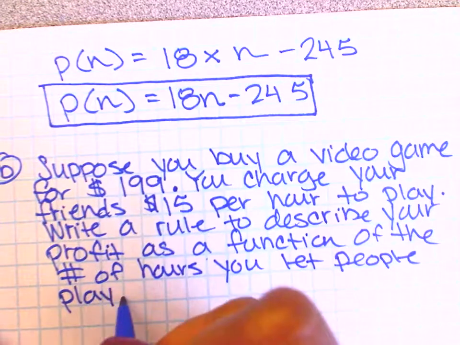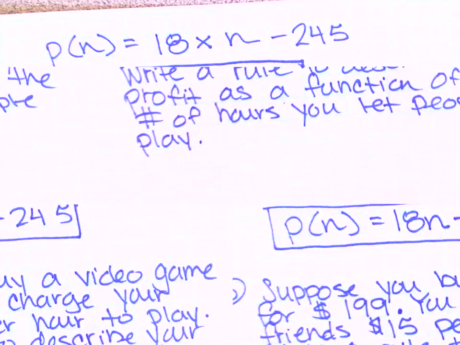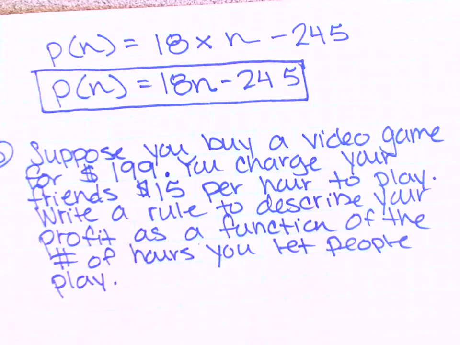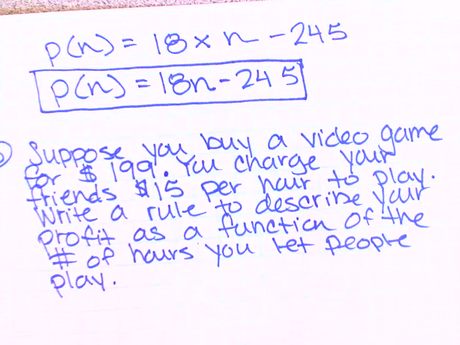Harsh. Please write that down, all of it. Suppose you buy a video game for $199. You charge your friends $15 an hour to play. That's expensive. Write a rule to describe your profit as a function of the number of hours you let people play.